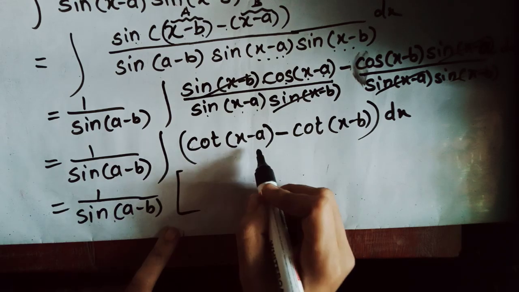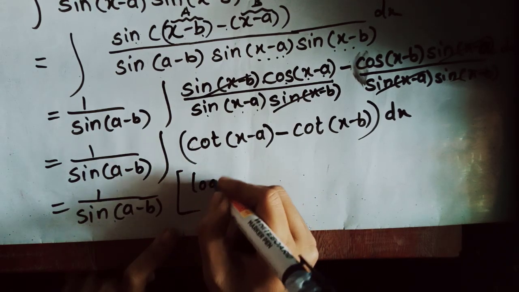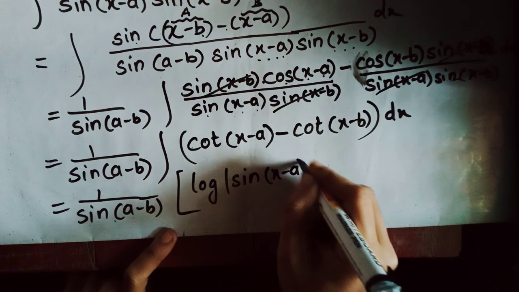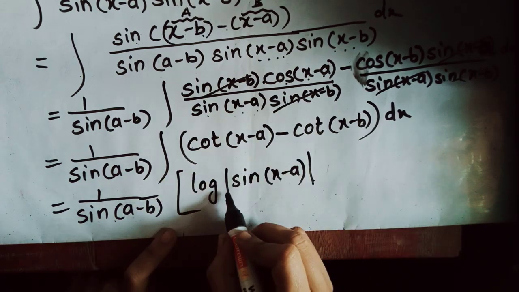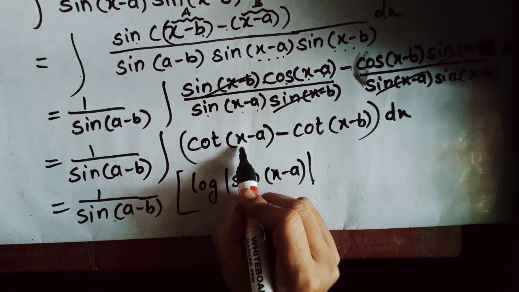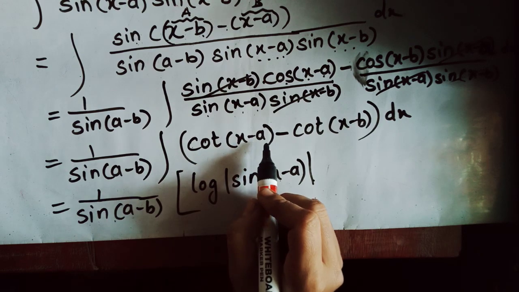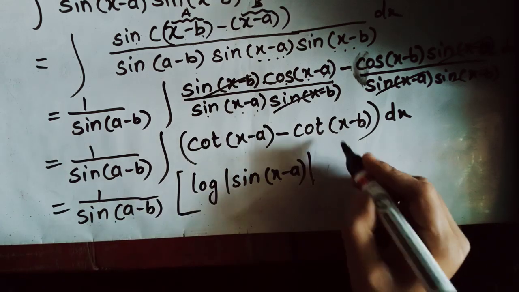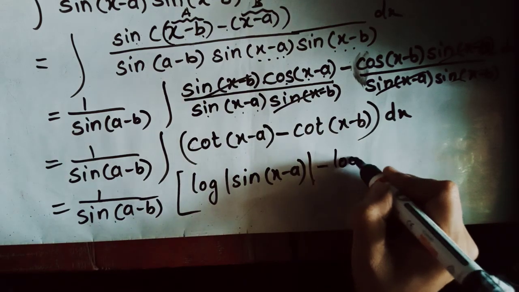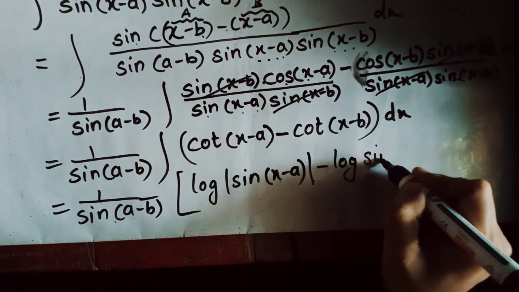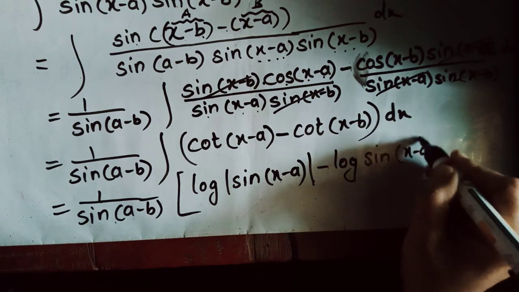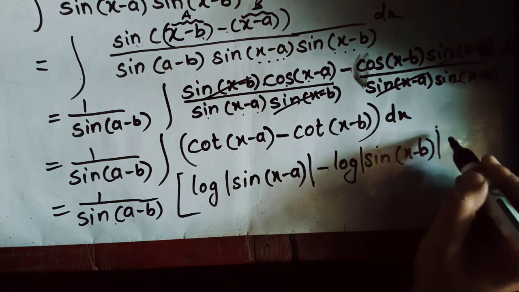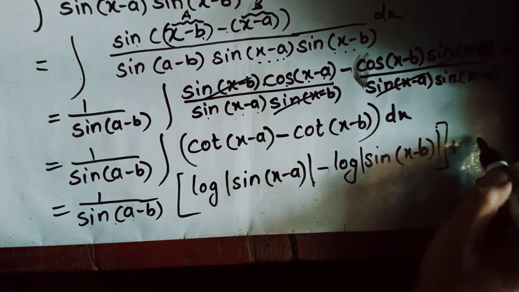So the integral of cot is log of mod of sin(x minus a), right? And the derivative of x minus a is 1, so no need to write it. Minus log of sin(x minus b) plus c.